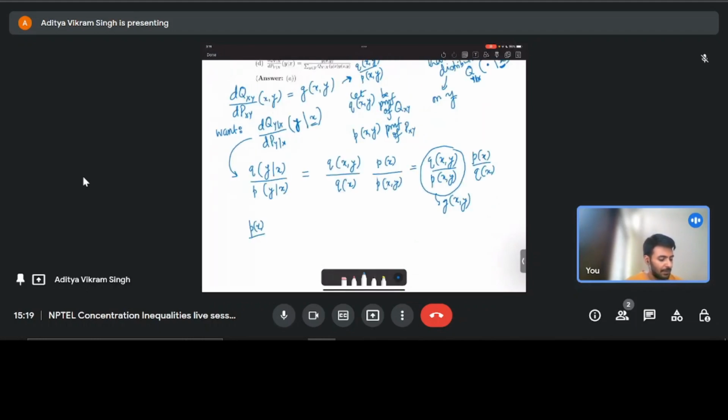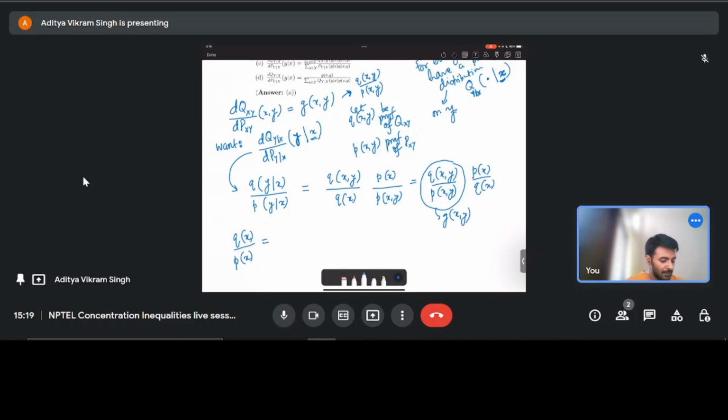Or let us compute q(x) by p(x), since we want to compute a denominator. So q(x) by p(x) is what? One way to write q(x) is as a summation over y of q(x, y).